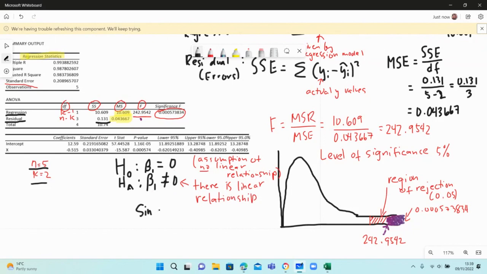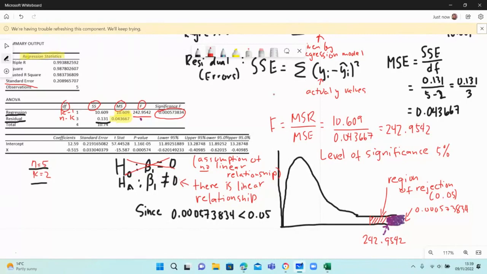So since 0.000573834 is less than the 5% or the 0.05, we reject the null hypothesis, where it is stated as beta 1 is equal to 0, and we accept the alternative hypothesis, which suggests that there is some kind of linear relationship between x and y.